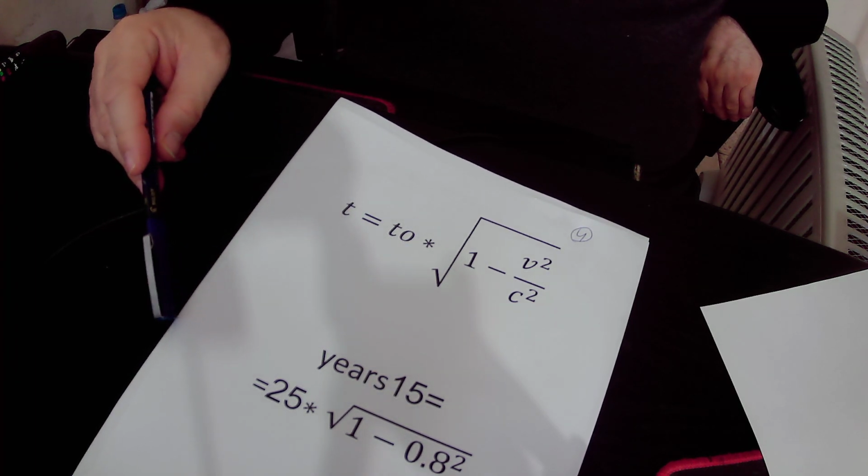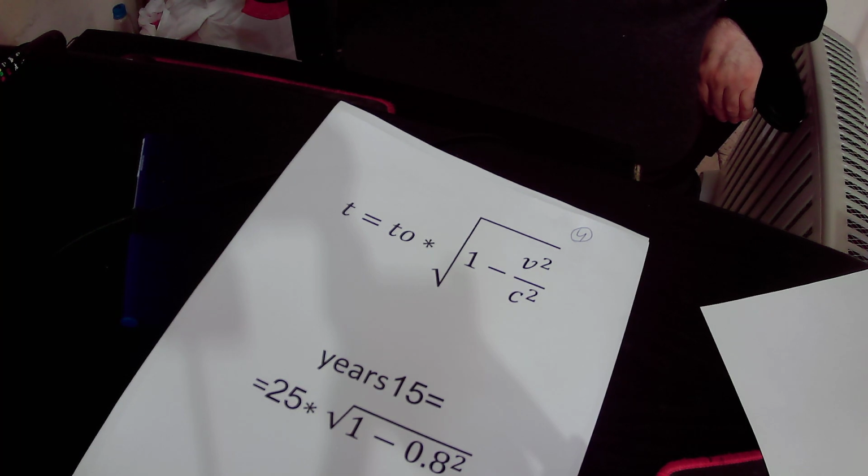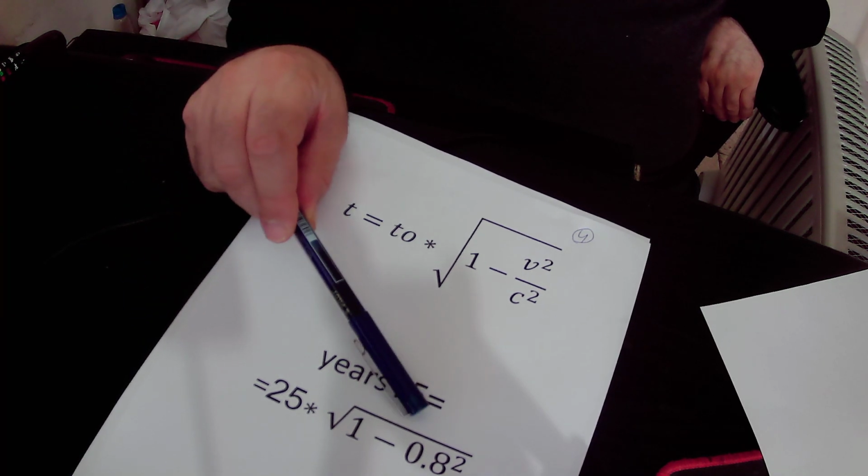So 240,000 divided by 300,000, the result is 0.8.